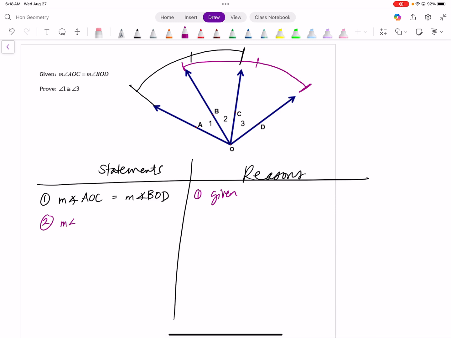The measure of angle 1 added to the measure of angle 2, that's the measure of angle AOC. Okay. Also, the measure of angle 2 added to the measure of angle 3 is the measure of angle BOD. Because that's the angle addition postulate that we learned about before.